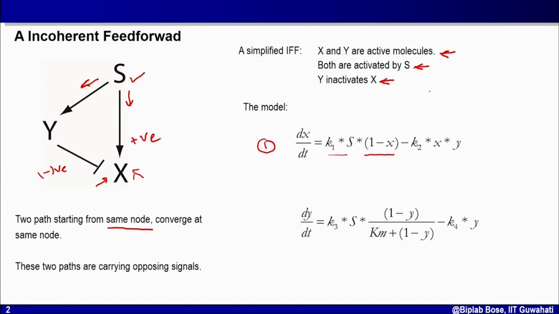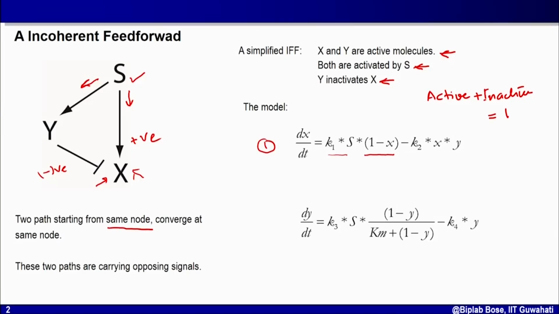So I have active x plus inactive x, and the total is equal to 1. So you can consider x as the fraction of total x which is active. The same thing I have considered for y also. So 1 minus x is inactive x.